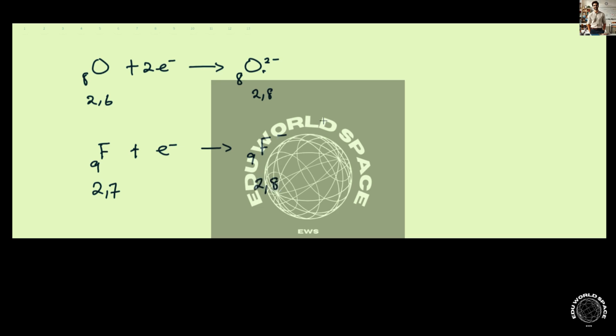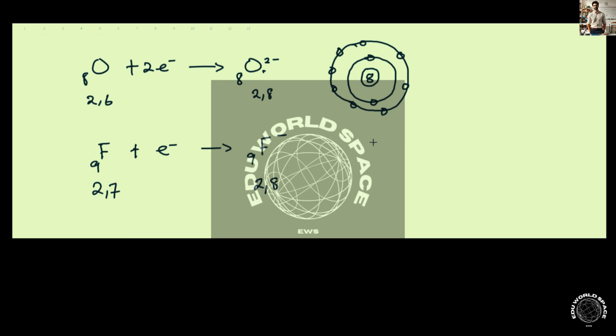If you picture it, I'll put the nucleus as this small circle, and inside it you have 8 positive charges, which are protons. Then you have 2 electrons in the first shell and 8 electrons in the next shell: 1, 2, 3, 4, 5, 6, 7, 8.